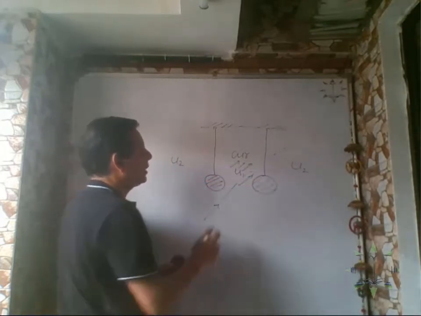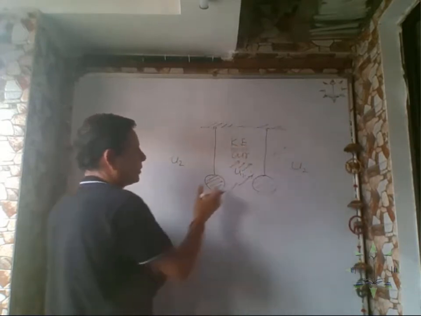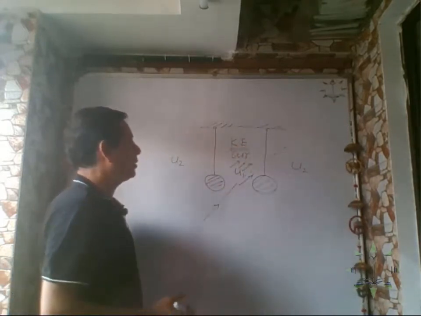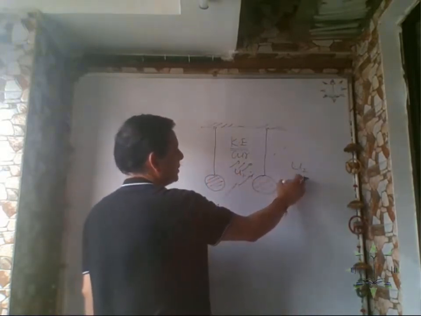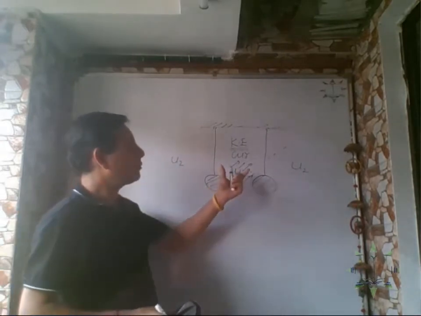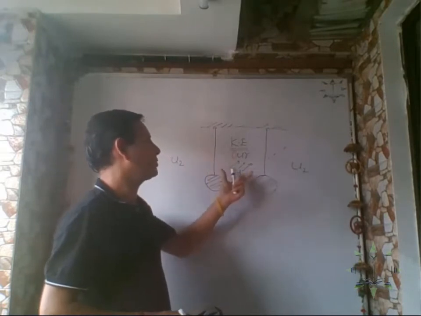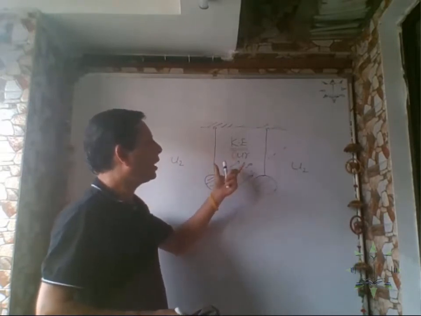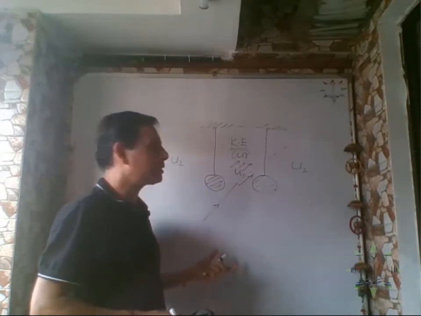So what will happen? The kinetic energy of air in this region will increase because the velocity is increasing. Here the kinetic energy is less. Now in Bernoulli's theorem we said that the sum of kinetic energy per unit mass, pressure energy per unit mass, and gravitational potential energy per unit mass remains the same.